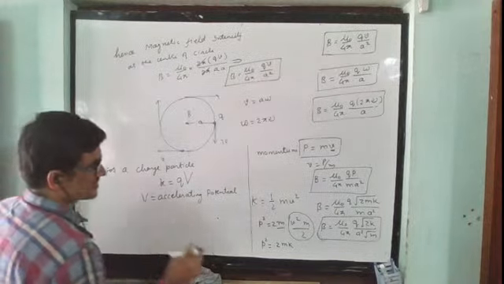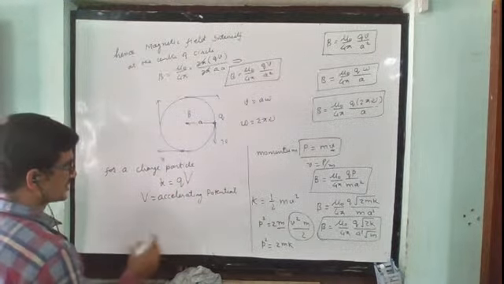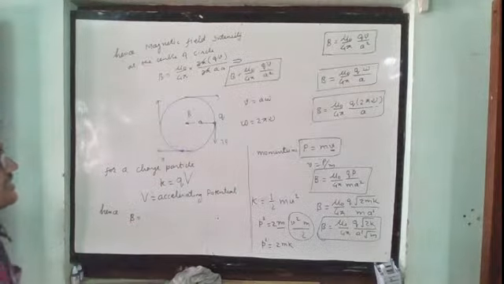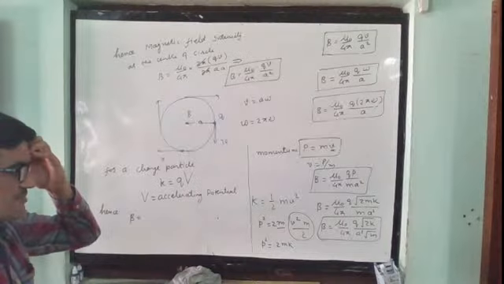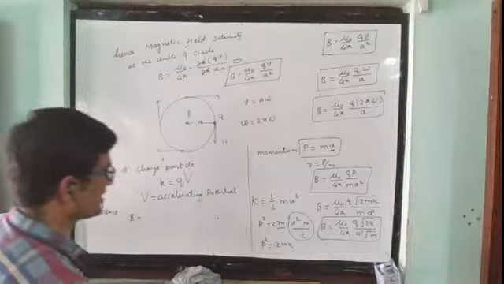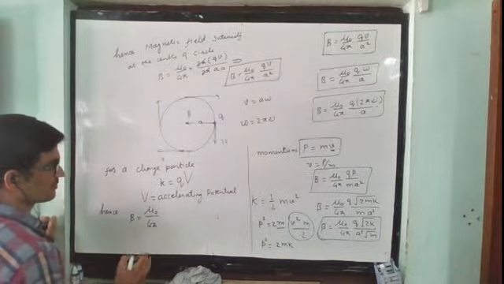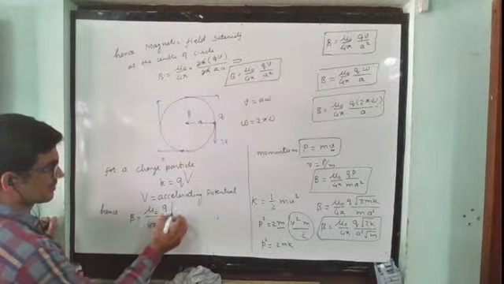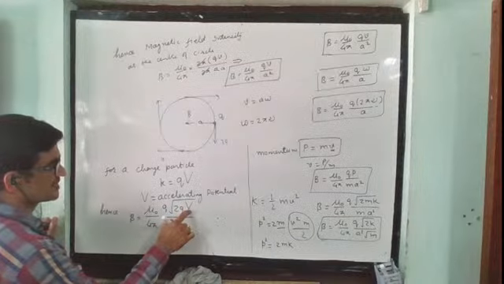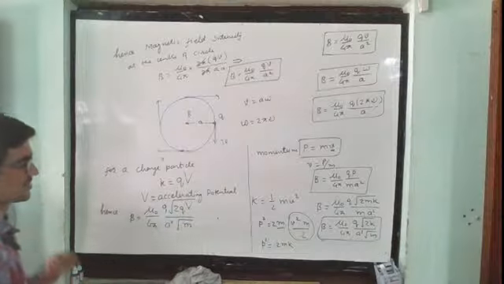So we can replace K by this also. Let's see. Hence, the magnetic field intensity at the center where the charged particle is projected with this much potential V is mu naught upon 4 pi, Q within a bracket to QV, V is the accelerating potential, divided by A square and mass.